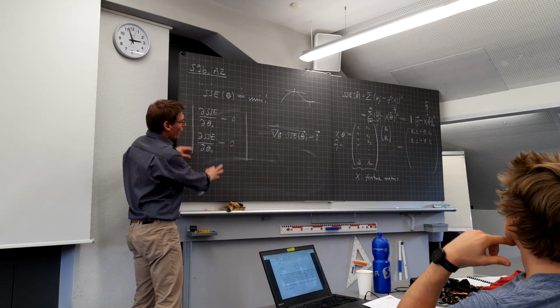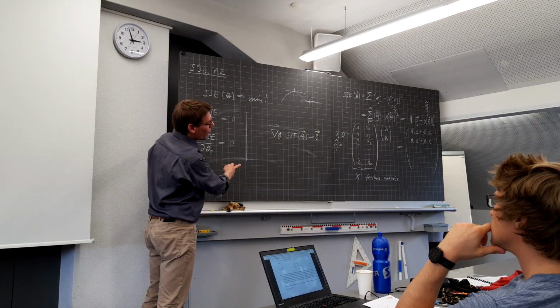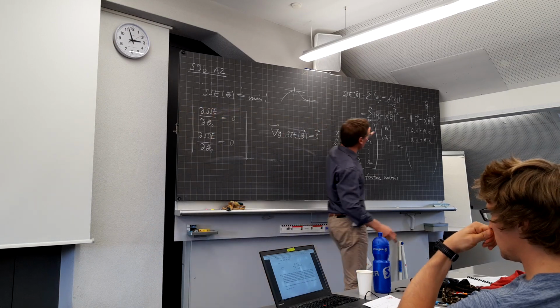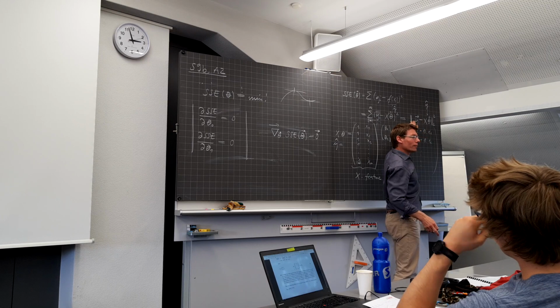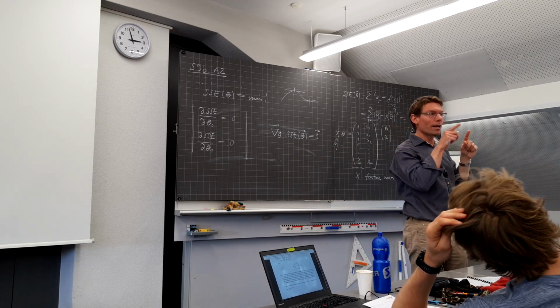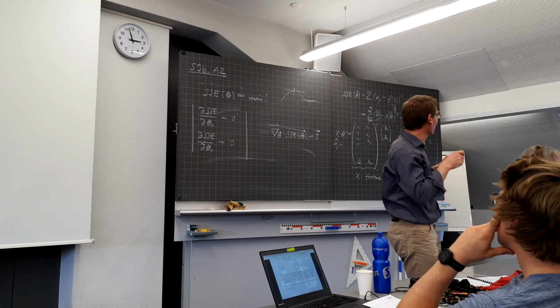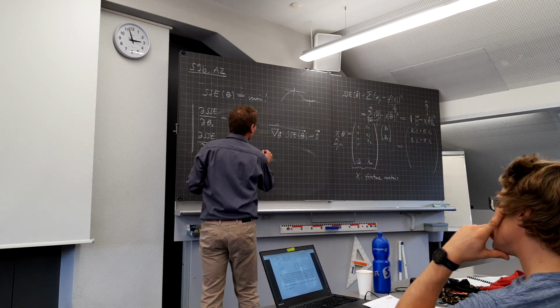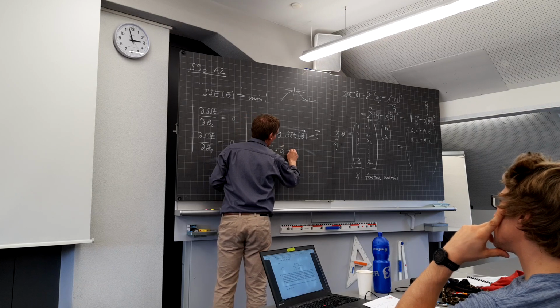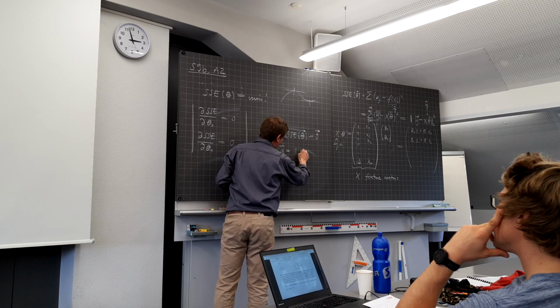To calculate that is a little bit of work, and the idea is we write out this product. Actually, the norm of a vector is always the scalar product. A scalar multiplied by A is the norm of the vector: A scalar product A equals A squared.